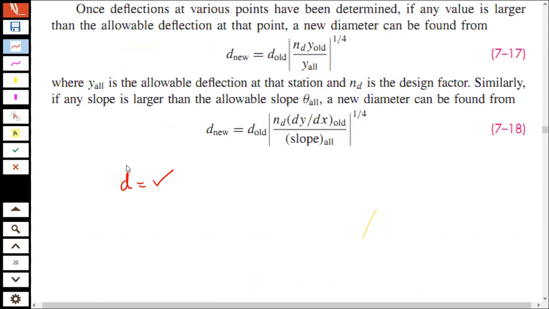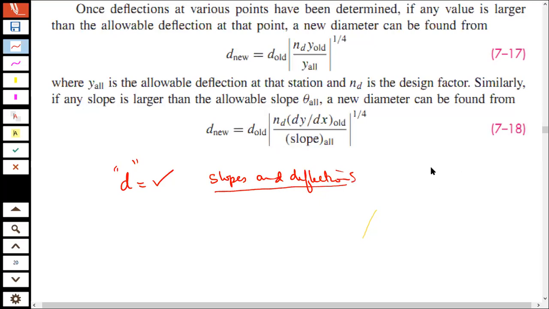Now, what you need to do is calculate the slopes and the deflections at the locations where it is necessary. As we said, when you are using bearings, you should calculate the slopes because the manufacturer gives you the slope at that position. And how would you do that?